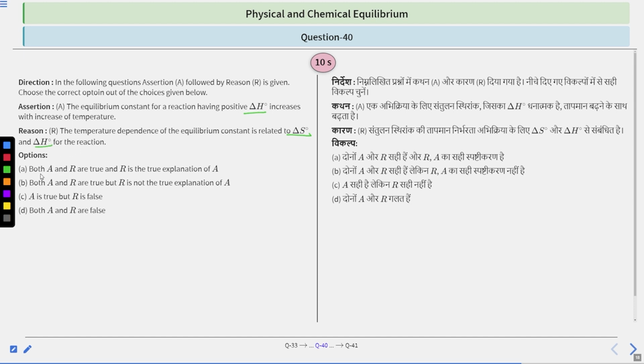Options are: both A and R are true, and R is the true explanation of A; both A and R are true, but R is not the true explanation of A; A is true, but R is false; both A and R are false. So you have to choose the correct option. You have 10 seconds to solve this question. After that, we will see the answer.